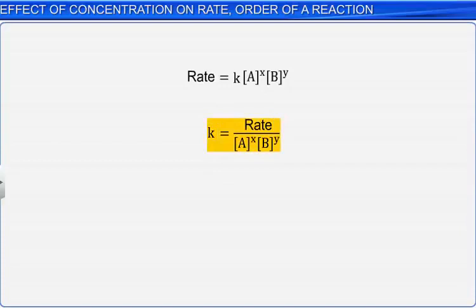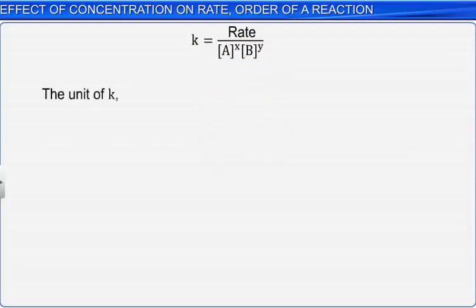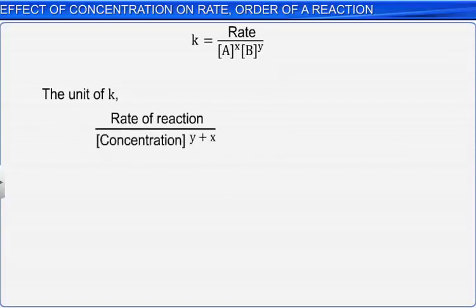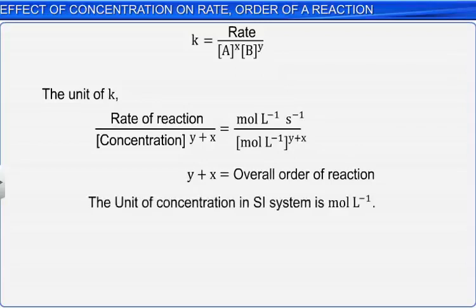Representing this equation in terms of the units of concentration and rate, we get the unit of K as rate of the reaction divided by concentration to the power y plus x, where y plus x is the overall order of the reaction. The unit for concentration in the SI system is mole per liter.